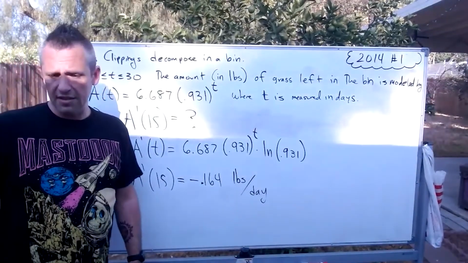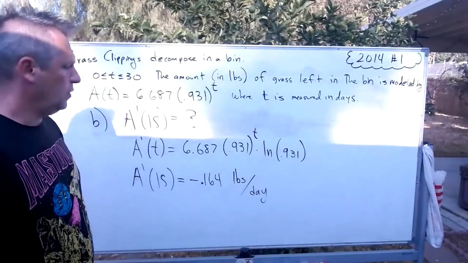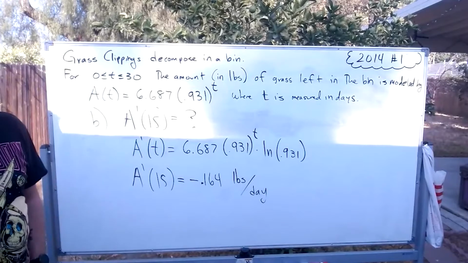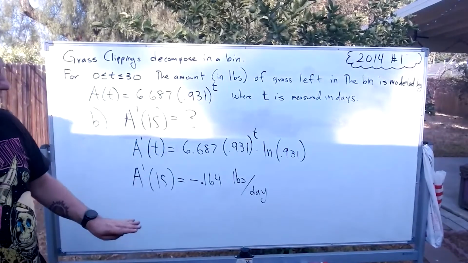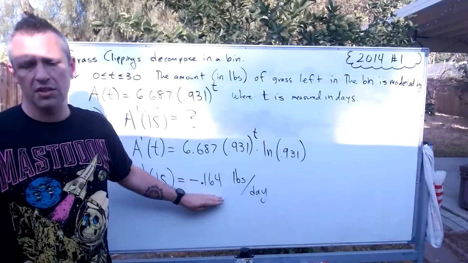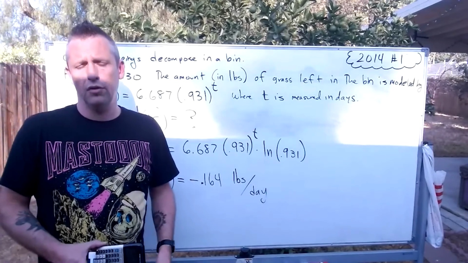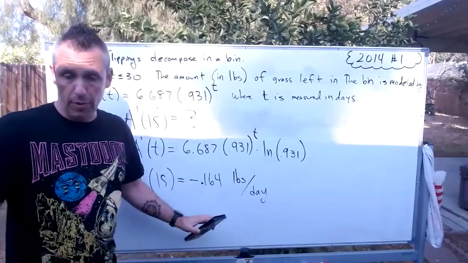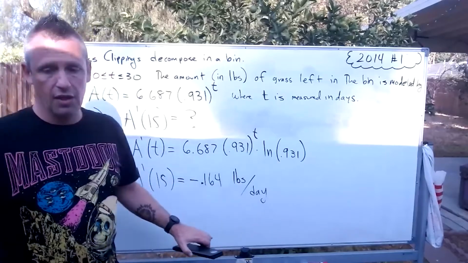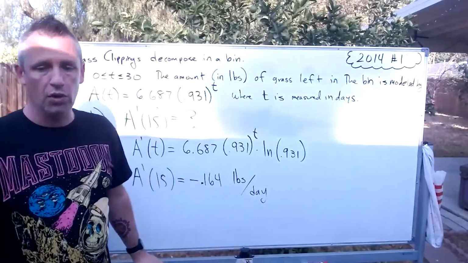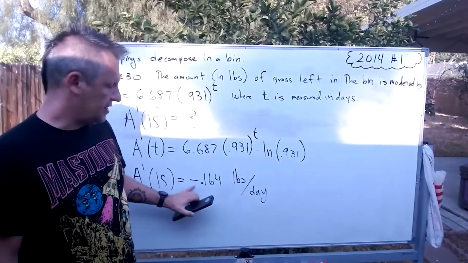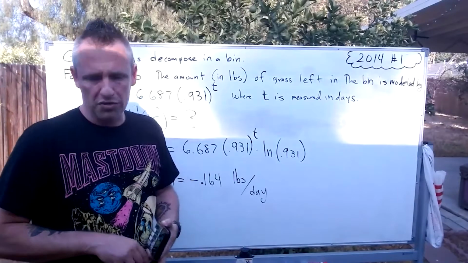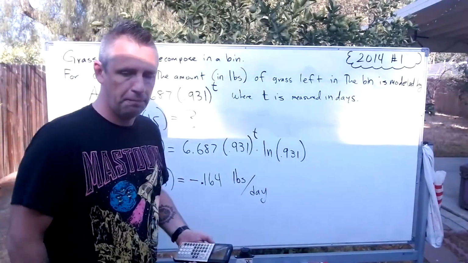It's the instantaneous rate of change. And what it tells us is that basically on the 15th day, you are losing about 0.164 pounds of grass clippings to decomposition. And you should probably write that sentence. On the 15th day, we lose approximately 0.164 pounds of grass clippings. Lose, that's what the negative sign does for us.